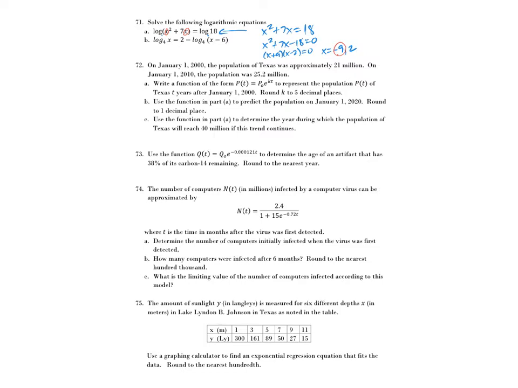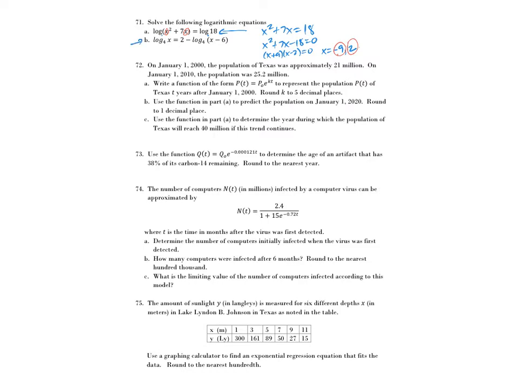Here I tried plugging in negative 9 and I got something positive, so that's actually fine. And then when I plug in 2, I'm clearly going to get something positive. So we keep both of these as answers, but if I were to plug that in and get something negative, say, then that would mean I'd have to throw out one of those answers. So sometimes you have to throw one out.